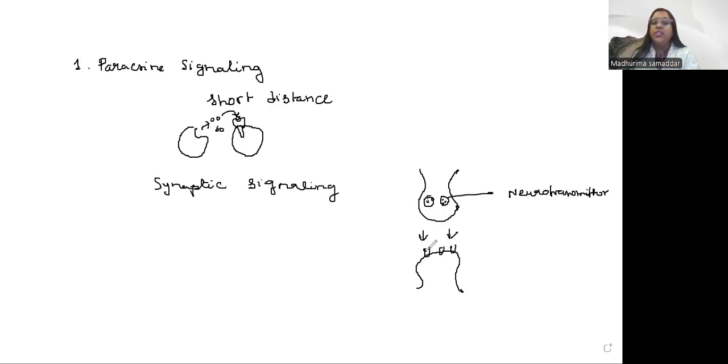So the neurotransmitter is going and binding to the receptors at this junction, that is called the synapse, and the message from one nerve cell is going to the other nerve cell. So like that the message is getting transmitted. Okay, so this is a type of signaling which is known as synaptic signaling, which is an example of paracrine signaling, right?